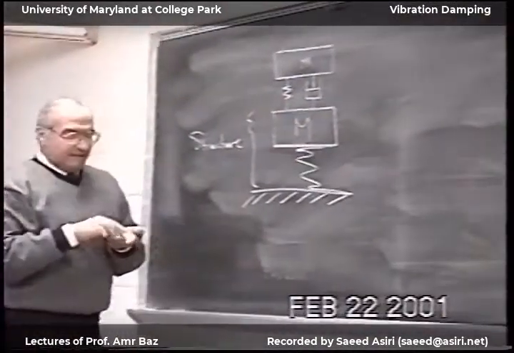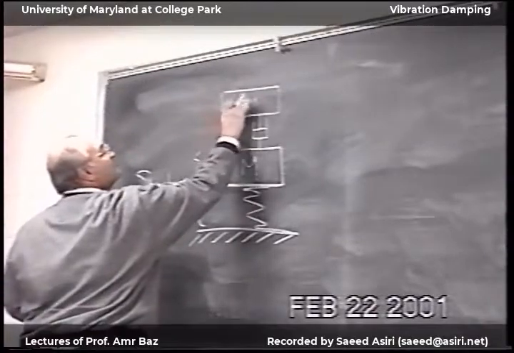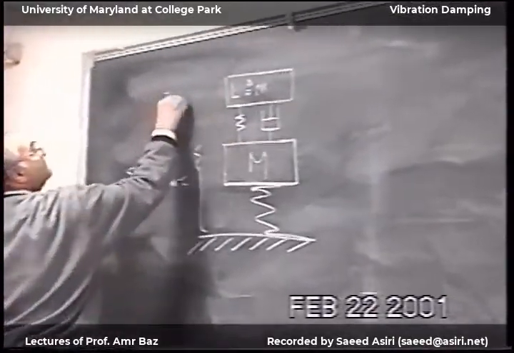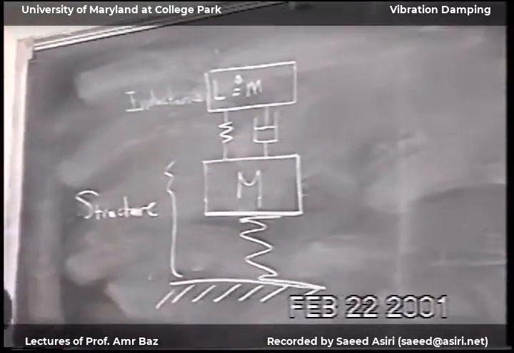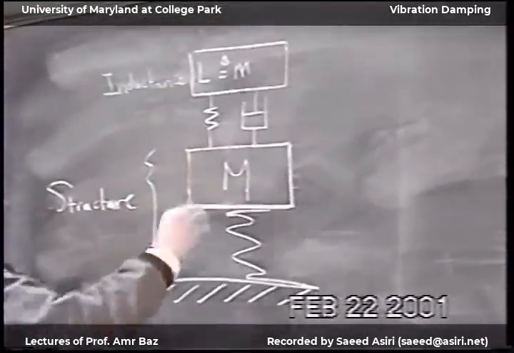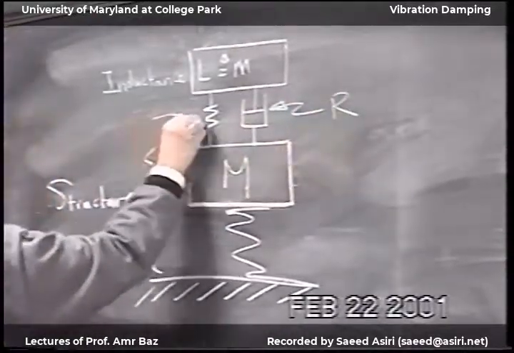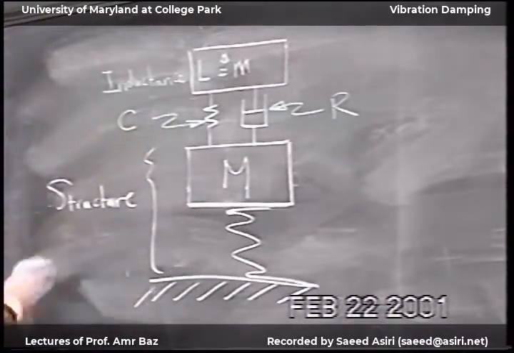So this little mass, we will show that this is equivalent to L, the inductance. And the damper is my resistance, and the spring is my capacitance of the piezo.